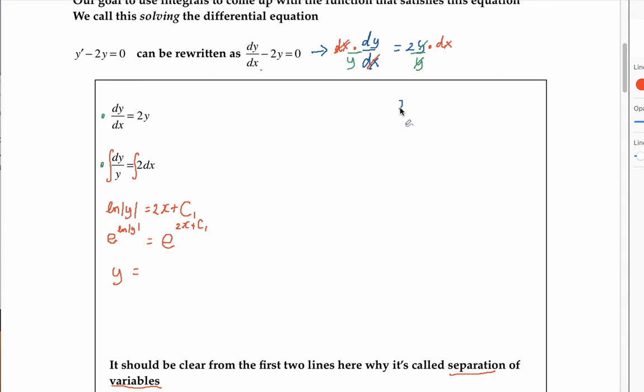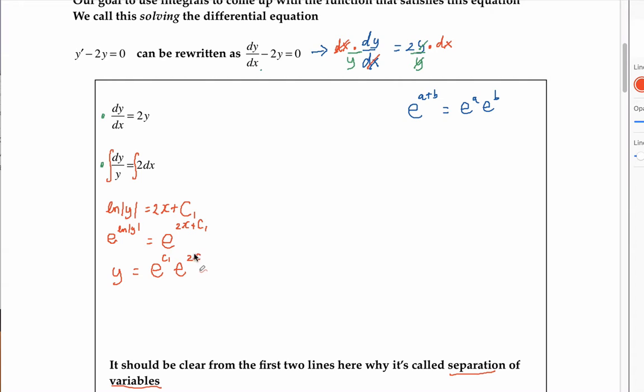Here's what the rule says: e to the a plus b equals e to the a times e to the b. We're going to use that here to rewrite this as e to the c1 times e to the 2x.